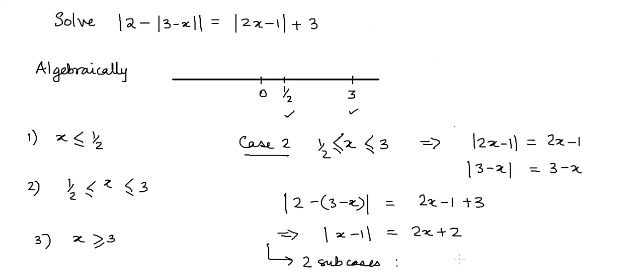One sub case is that x is greater than equal to half but is less than equal to 1, and the other sub case is that x is greater than equal to 1 but is less than equal to 3, and accordingly there will be the value of x minus 1. So okay, let's do it on the left hand side here.